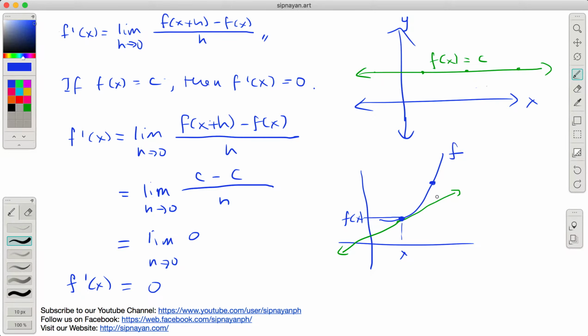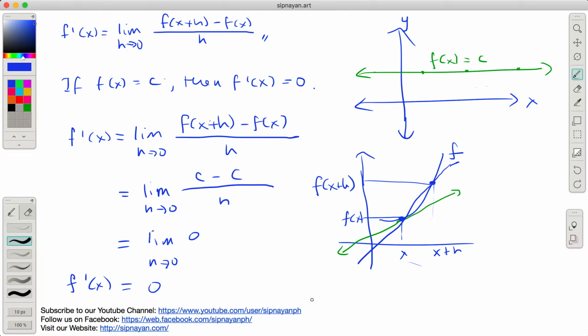This is a function f. And dito, this is h away from x. So, from here to here is h, meaning x plus h too. At yung y-coordinate nito ay f of x plus h. Ang gusto natin hanapin yung slope ng function na yan na dumadaan dyan sa dalawang points.